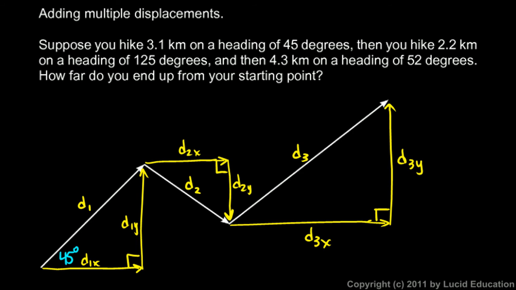And you can work this if you're writing on the page. You can write all this now down below the diagram, but I'm going to switch over to a fresh page here just so I have room to write, and I'm going to write d1x is equal to 3.1 times the cosine of 45 degrees. And take out the calculator and do that calculation, and it comes out to 2.19. And this would be in kilometers because the 3.1 there was 3.1 kilometers.